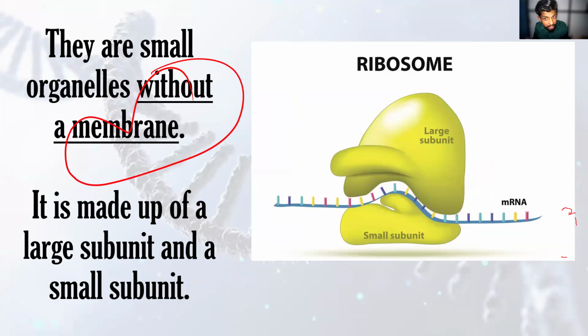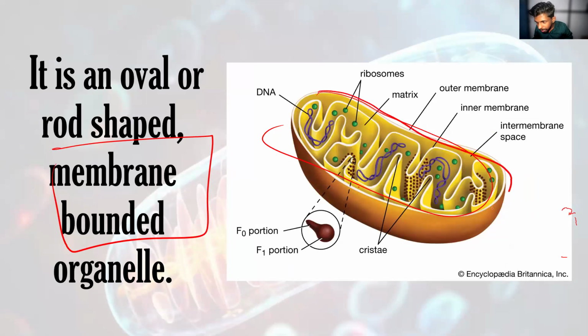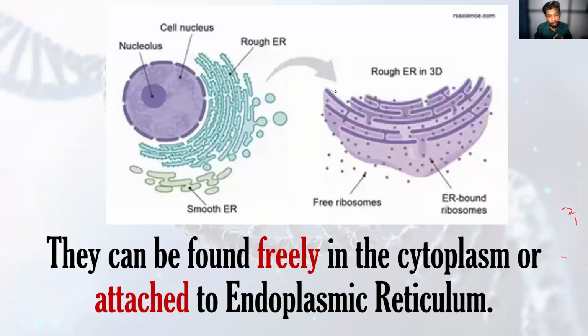All the other organelles are bounded by a membrane, but the ribosome is not. The nucleus is bounded by the nuclear envelope, as discussed earlier. Mitochondria is bounded by a membrane. Here they have clearly mentioned membrane-bounded organelle. Look at the picture, the membrane is there, right? So all the organelles are bounded by the membrane except ribosome. Be careful with that, because they may ask this frequently regarding the ribosomes.